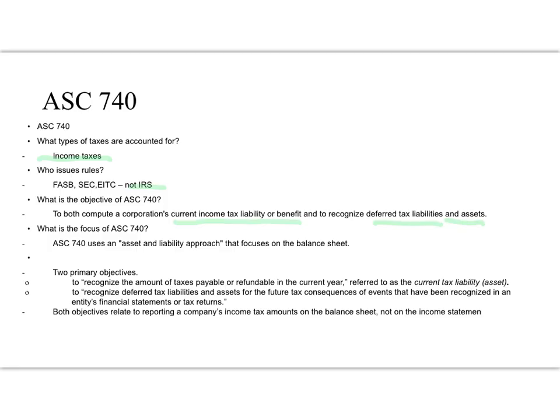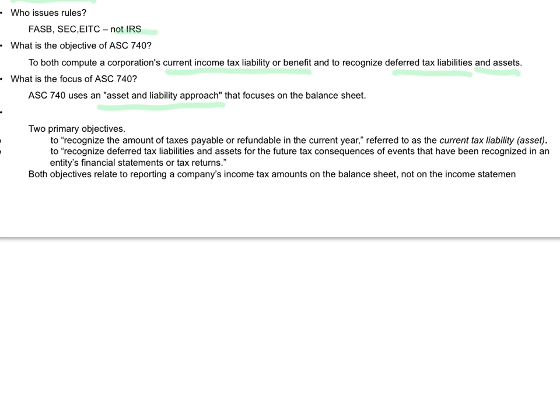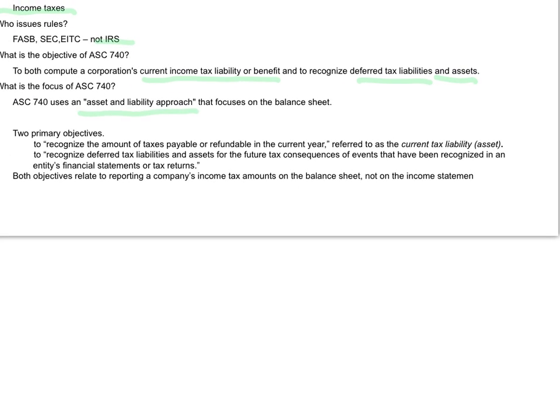It is important to remember that this is a balance sheet focus. ASC 740 focuses on assets and liabilities. There are two primary objectives. Our first objective is to recognize the amount of taxes payable or refundable in the current year, and that is going to give us our current tax liability or asset.